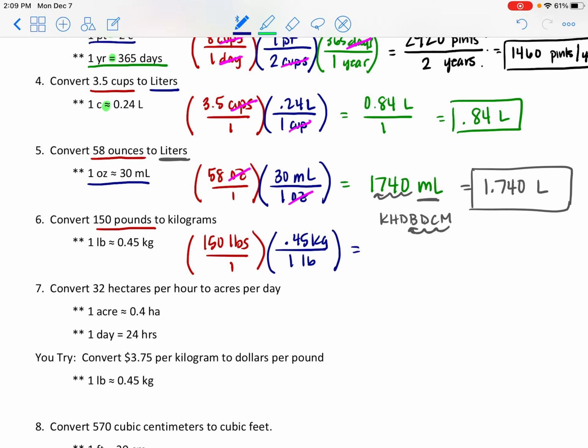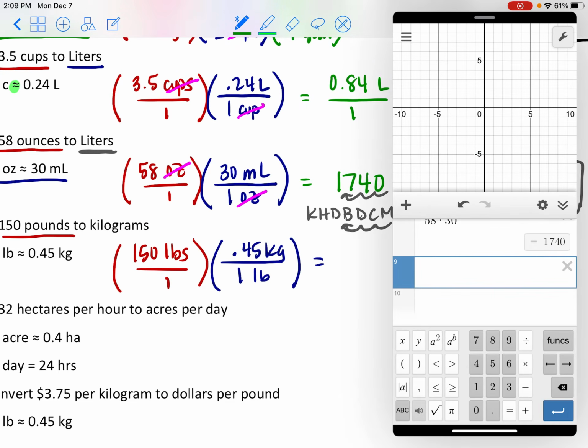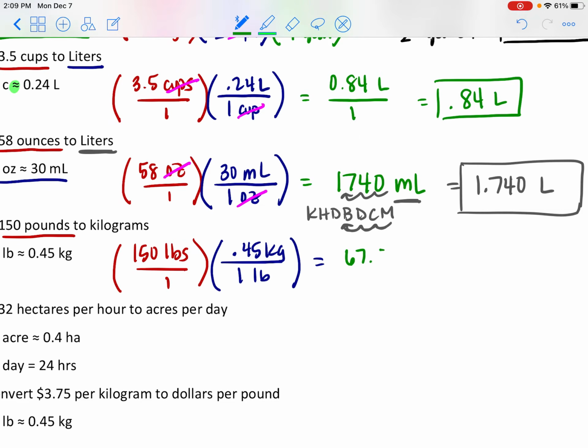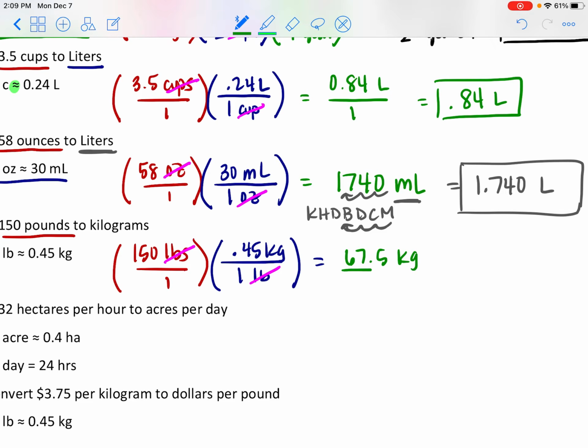So if we were to multiply straight across the top, 150 pounds times 0.45, 67.5. And, oops, I forgot. My pounds cancel there. So the only units I'm left with would be the kilograms. And then on the bottom, 1 times 1 is 1 with no units left, so it's just 67.5 kilograms.